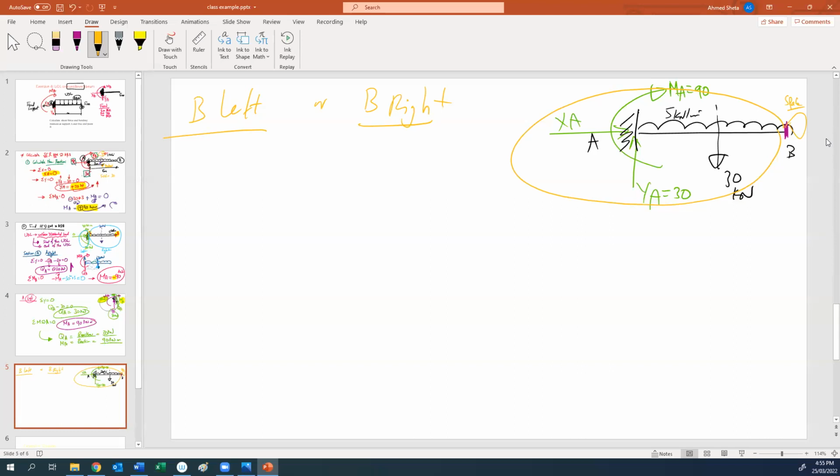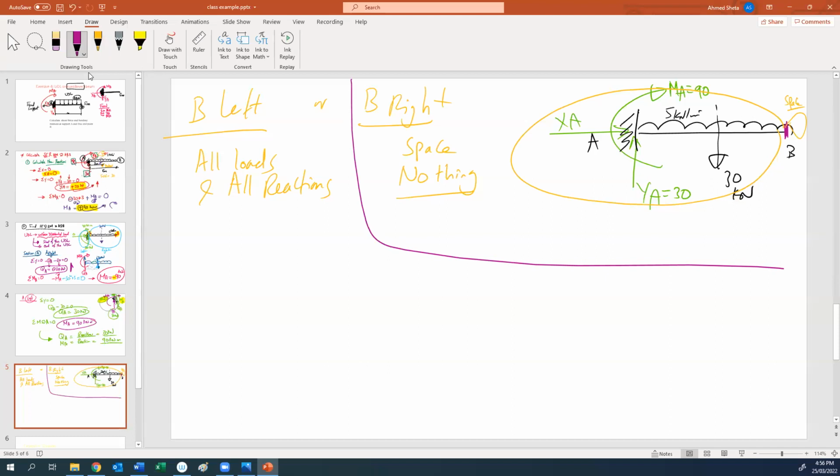From left, we have all loads and all reactions. From right, we have space, nothing from the right. So which is easier to study, from left or from right? Do you have an idea? Okay, if we study from the right, sorry.